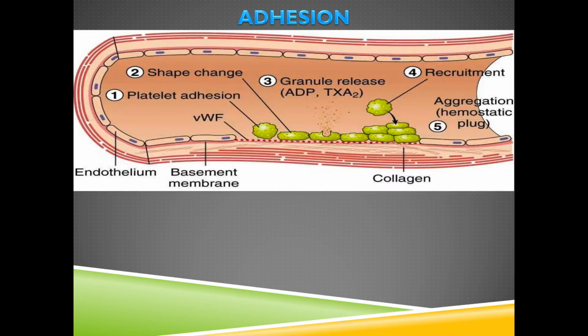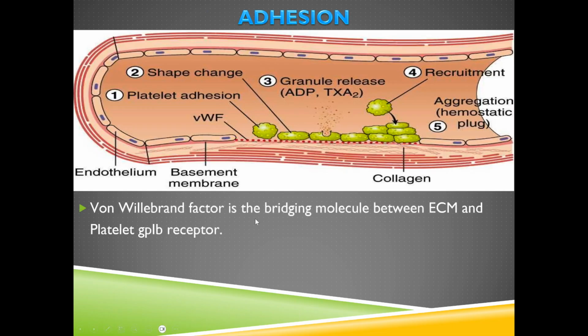And this is the first step, adhesion, where there is damage to the endothelium. You can see the subendothelial matrix is exposed. So immediately platelets will come and start getting attached to the subendothelial matrix. That is the adhesion. And immediately it gets broken down, or the membrane gets broken, it gets activated.